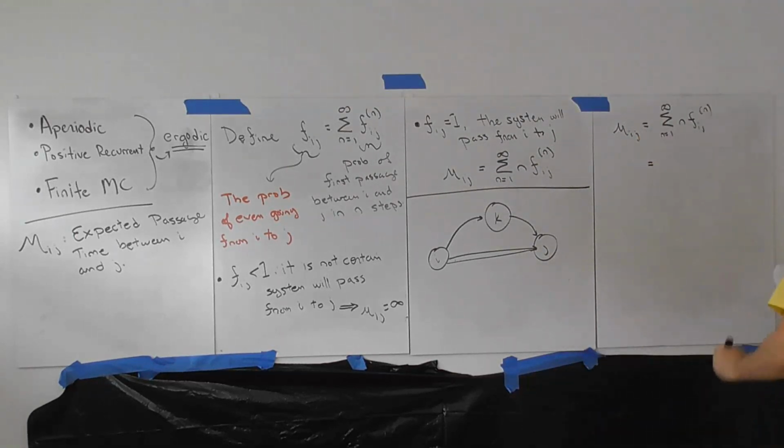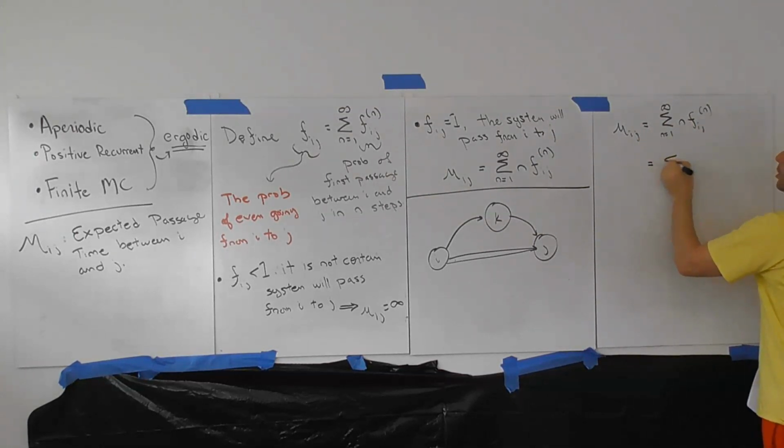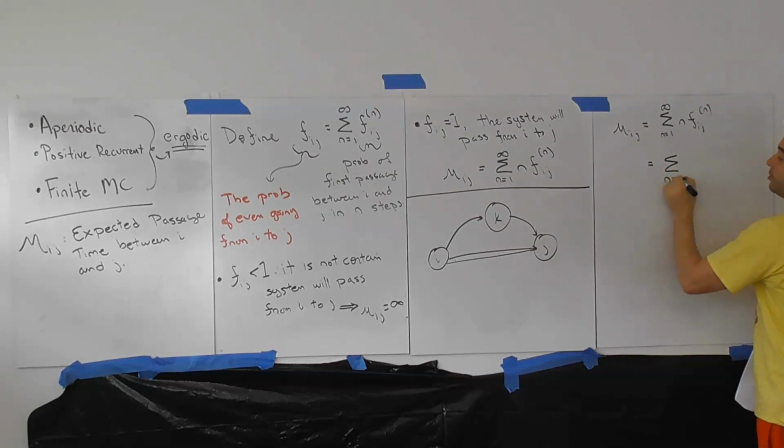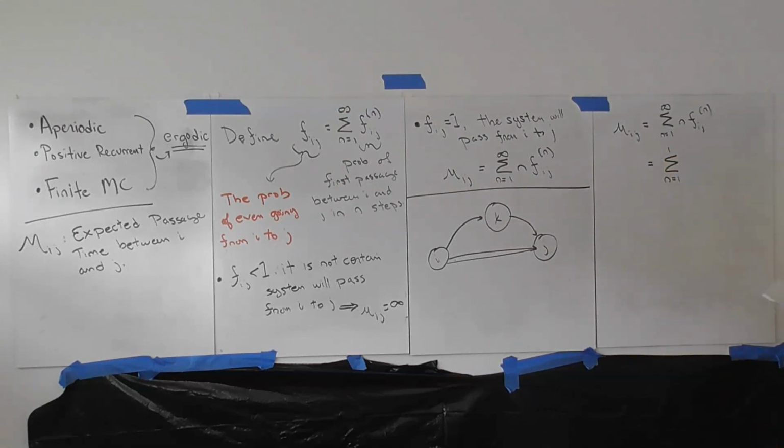If we were to go from i to j directly, that would be the equivalent of pulling out the following sum. So we can say the sum from n equals 1 to 1 of n f_ij to the n. Now, because of this sum, n is just 1 and 1, but I'm just showing how we can split this up.